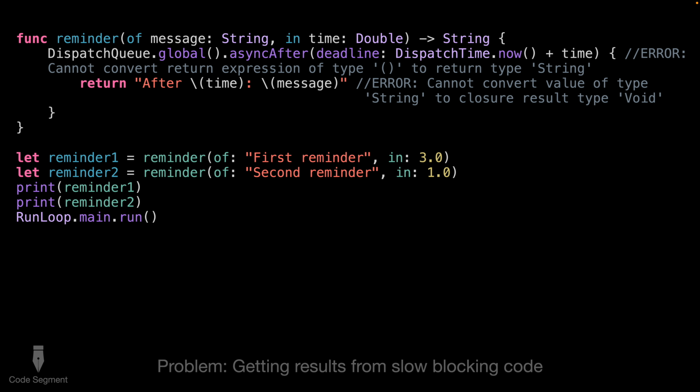You can't return for something outside of a closure, especially if that closure is running later, right? So we get these two errors, cannot convert expression, blah, blah, blah, and cannot convert value of type string to closure result type void, because this closure does not expect a return, it expects a return of void. And here we're trying to return string in the closure, right?